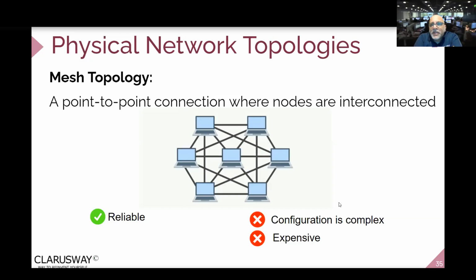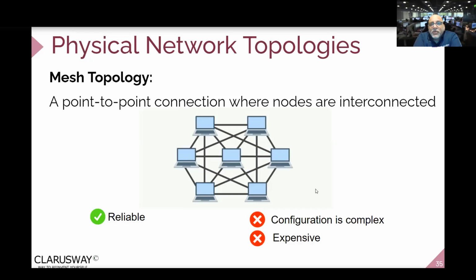And so if there's an issue with any one of these cables or connections or any of these segments, then essentially I can use a different route. And so it's highly reliable. And so there's essentially no single point of failure.